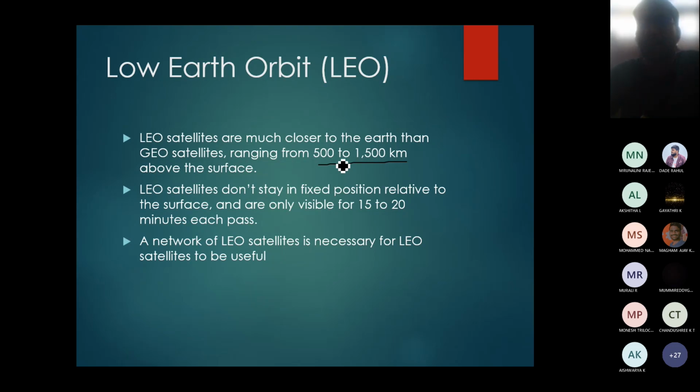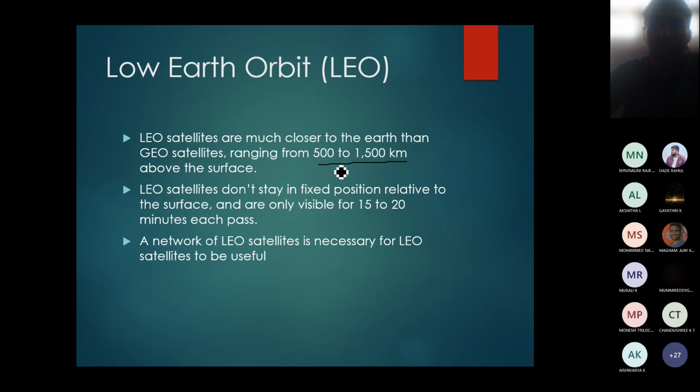But those satellites are at 500 to 1500 kilometers. So don't think that they are very near. Otherwise the satellites and flights would bombard with each other.